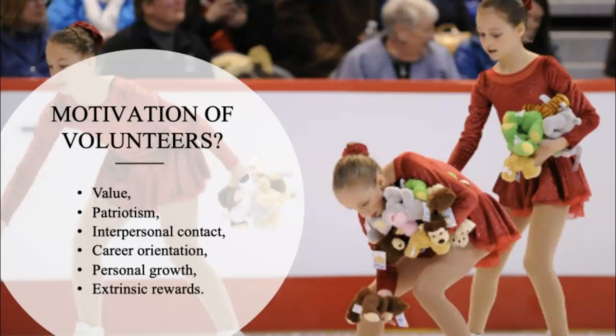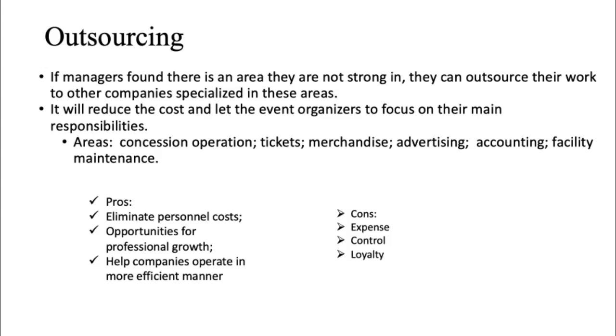The third type of people that we'll be working with is called outsourcing staff. For outsourcing staff, we find we are unable to do these jobs, so we would like to outsource the task to third parties and let another company that specializes in this area help us perform these jobs.